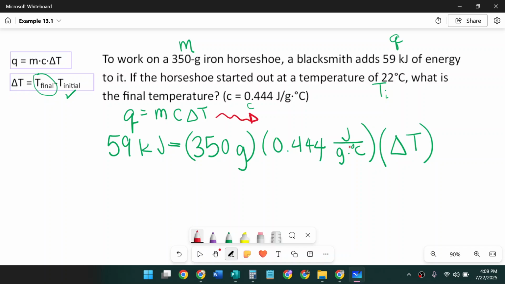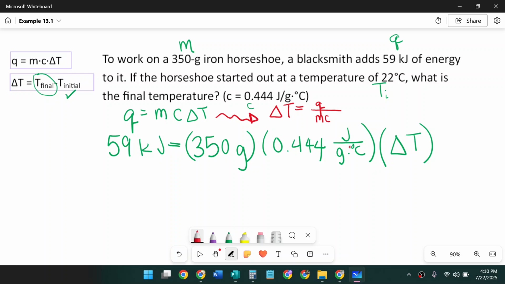Think about dividing both sides by MC, so that the temperature is by itself. So change in temperature equals the Q, and the MC is not going to be with the T anymore. I'm putting it on the bottom.